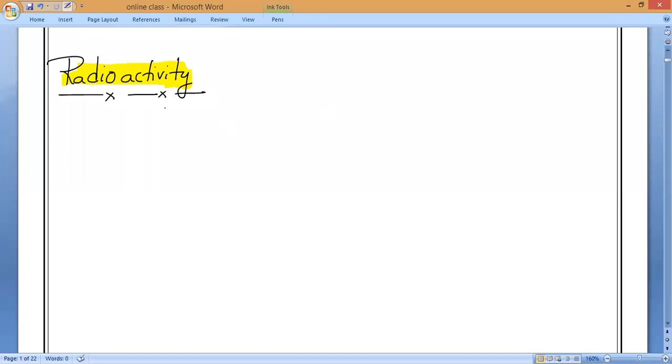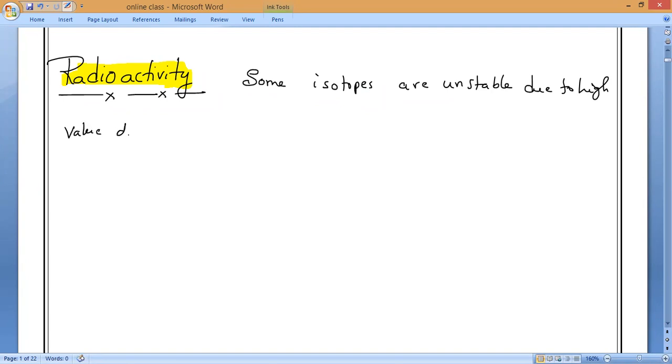So let us understand this very carefully. First of all, some isotopes are unstable due to a high value of the neutron N by P ratio. Is it okay, everybody? N by P ratio.